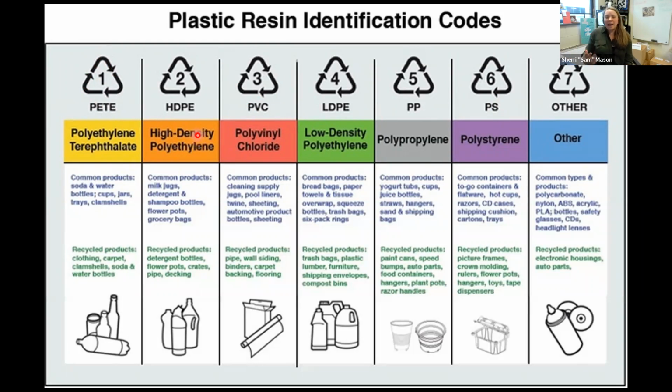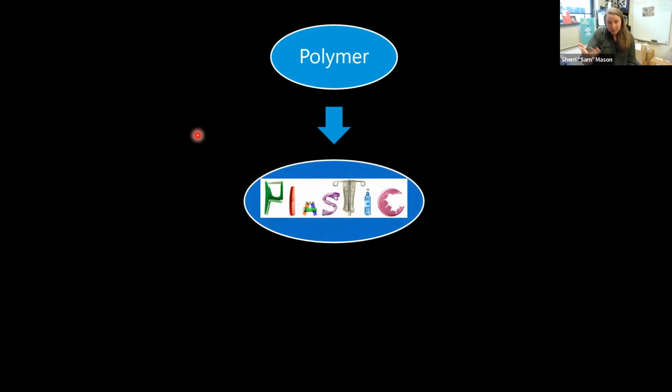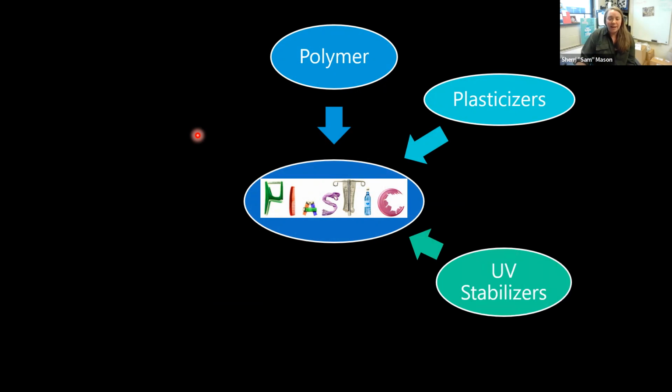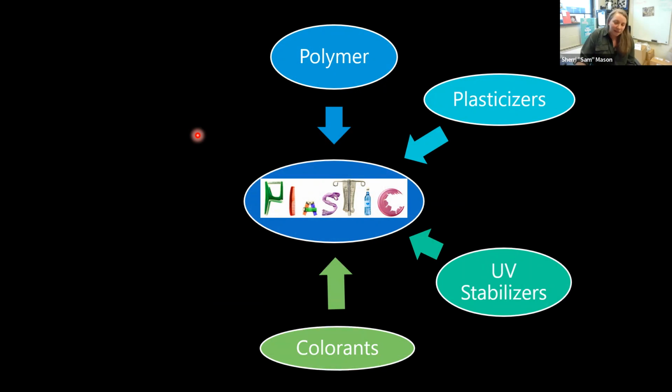But even when you have two plastic items that have the same resin identification code at the bottom, they're not necessarily the same plastic. And that gets back to that point we made a minute ago that, while polymer is the necessary component in the plastic, it's not always the main component. To make plastics moldable, we mix in plasticizers to keep them stable. We add in UV stabilizers. We add in colorants so we can have plastics in every color of the rainbow.